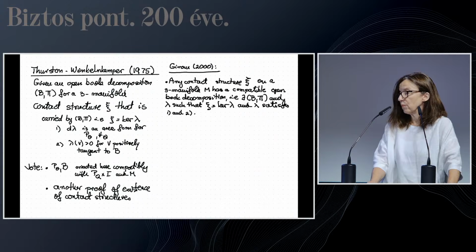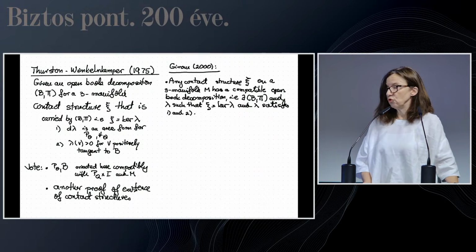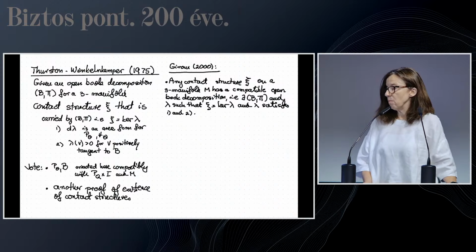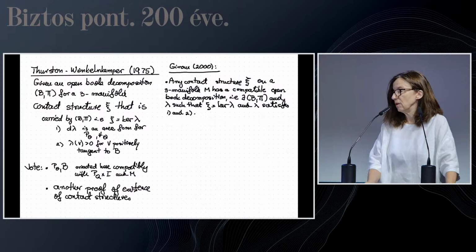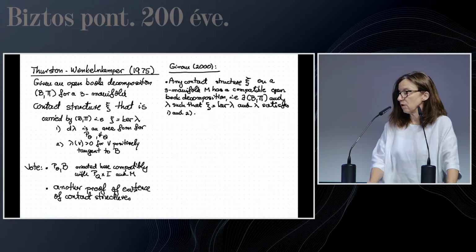So in 2000, Emmanuel Giroux proved the converse, that any contact structure on a three-manifold has a compatible open book decomposition. It comes from this Thurston-Winkelnkemper construction.